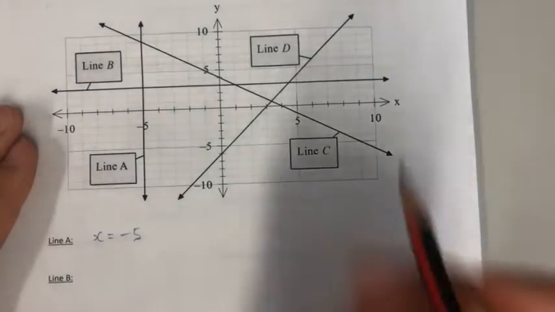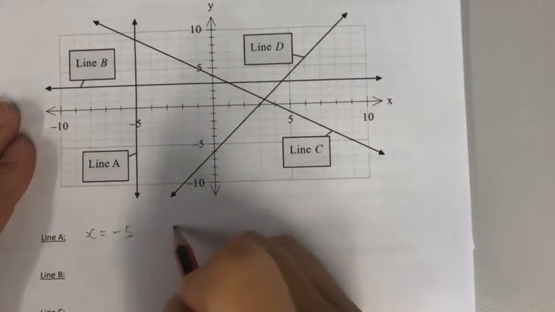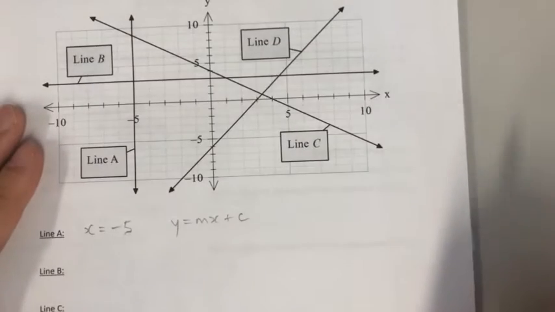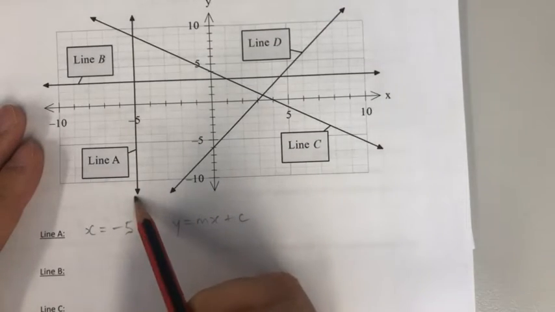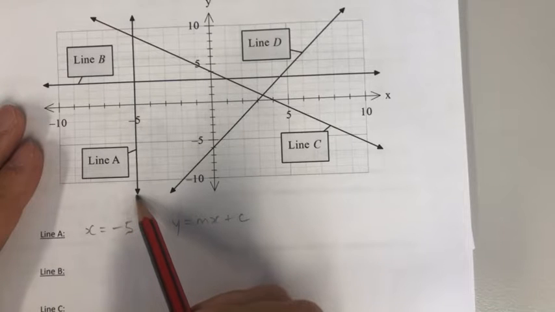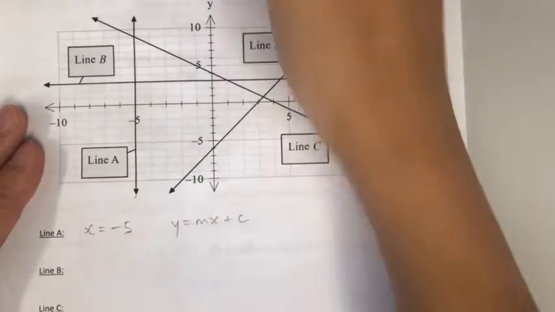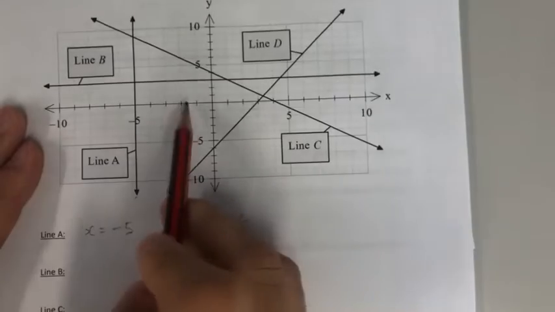It's the only one that doesn't follow the y equals mx plus c, because if you were to try and figure out the gradient of a line like this, it's mathematically impossible. It's mathematically impossible because it rises forever and never moves forward.